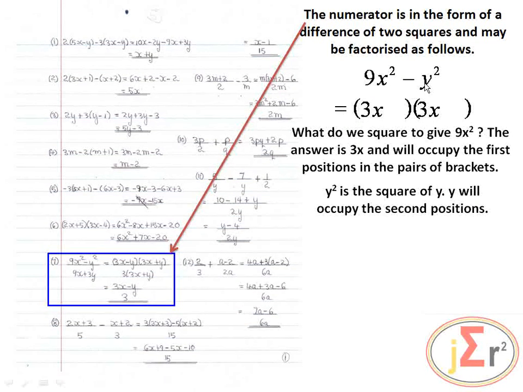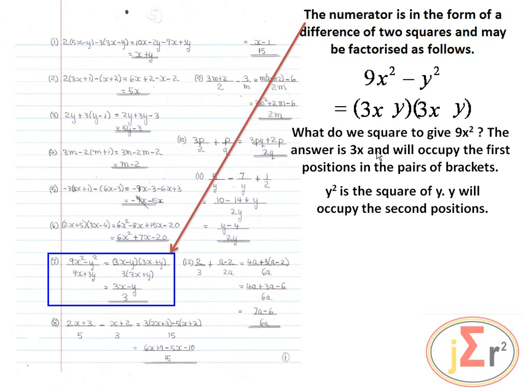The answer is y. So there we have y squared is the square of y. y will occupy the second positions in each bracket.